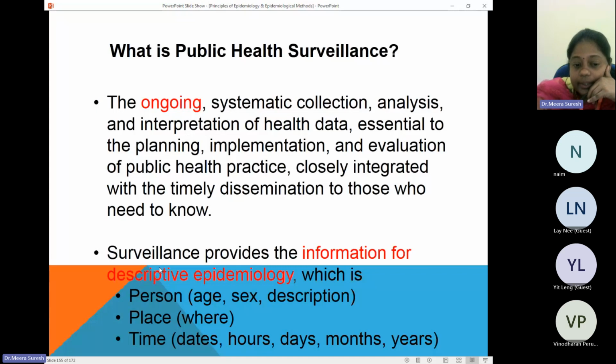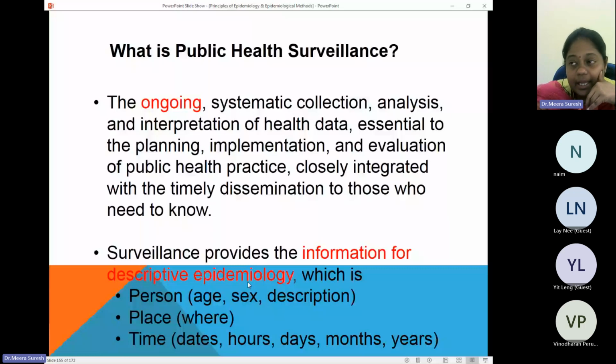So when we do the surveillance, it is actually giving us the descriptive epidemiology. Means when we are doing the surveillance, we consider which population is affected, what are the symptoms they are having, which age is more affected, which gender is affected, if there is any time variation, seasonal variation, etc. So when a disease is described on the basis of person, time, and place, then that means the descriptive epidemiology.